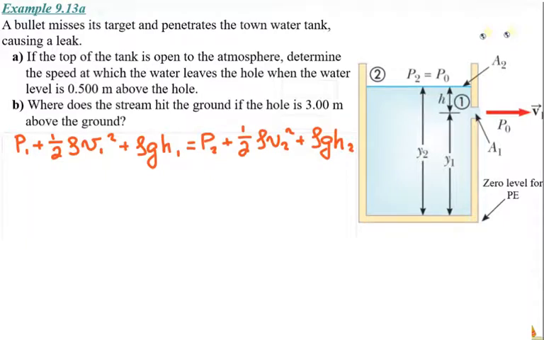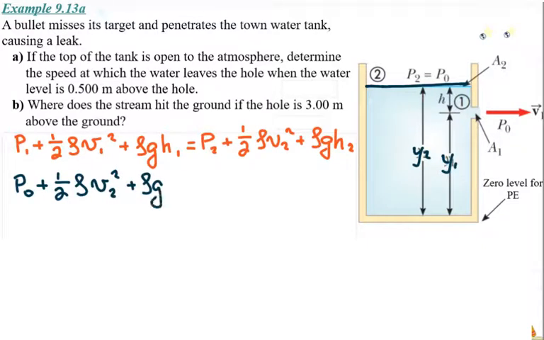In our equation, we have P sub 0 initially plus 1/2 rho v right here on the top. We're going to call this our y2 and this our y1, so on the top is 2. So it's rho v2 squared plus rho g h2. That's our initial start point of the water.